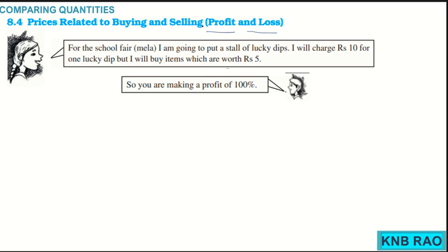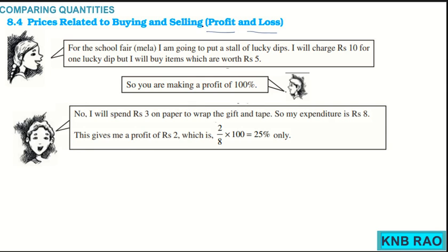But she replied, no, I'll be spending rupees 3 on paper to wrap the gift and tape. So my expenditure is rupees 8 per item. That means per item she is spending 8 rupees instead of 5 rupees. Why?